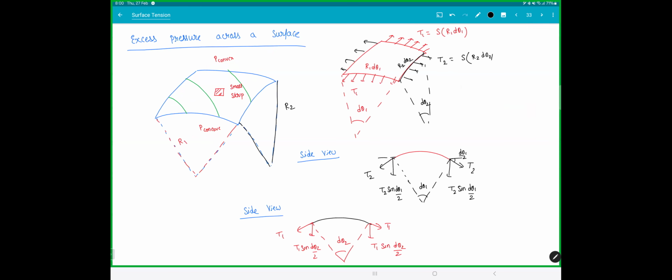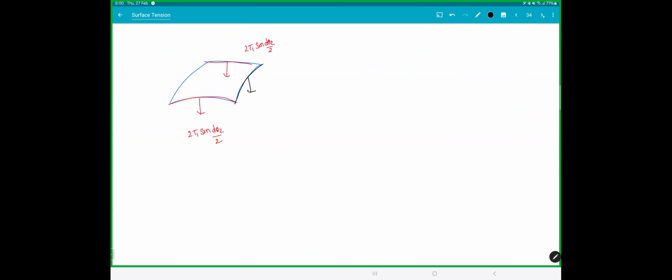I think I wrote it in reverse. The black one should be 2 T2 sine d theta 1 by 2. The black one is pulled by the red guys, 2 T1 sine d theta 2 by 2.